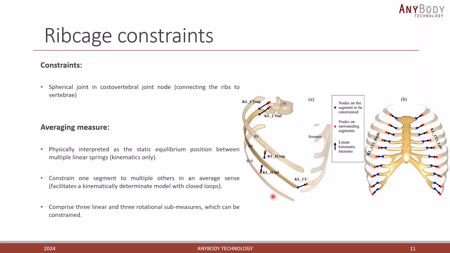So the rib has a connection to all the surrounding segments. So when the surrounding segments move, this one will move as well. So this is how we constrain the rib cage. Then with these constraints, the rib cage will follow the spine, so you don't need to drive each rib or sternum or whatever.